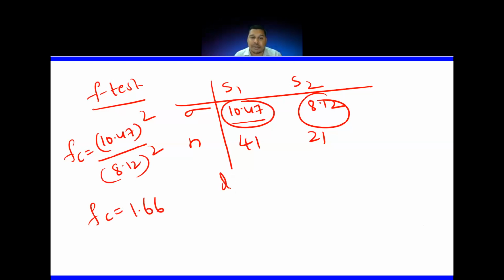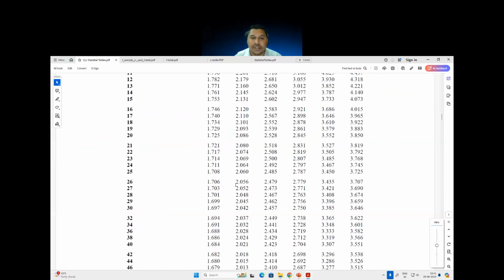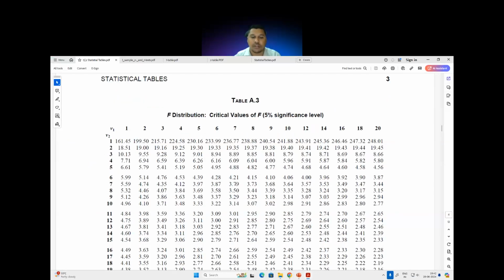Now, what is the degree of freedom? Degree of freedom for S1 is N1 minus 1, that is 40. For sample 2, it is 21 minus 1, that is 20. So 40 and 20. Let's go to the F table and see what it says.